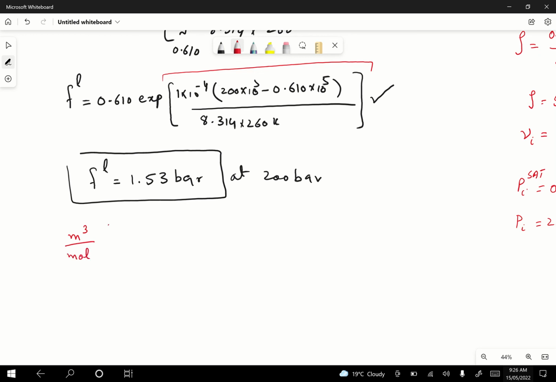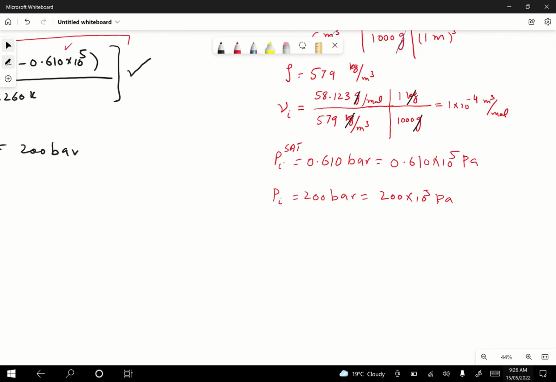Then we have Pascal for this pressure and this pressure, and Pascal is equal to Newton over meter square, over, I think this is kilomole, and this is kilomole as well.